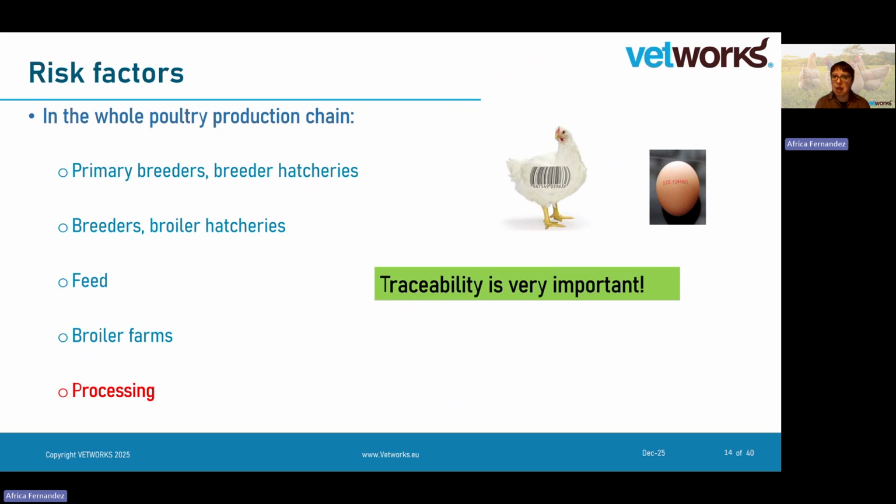It's not the only strategy, and it should not be the only strategy.